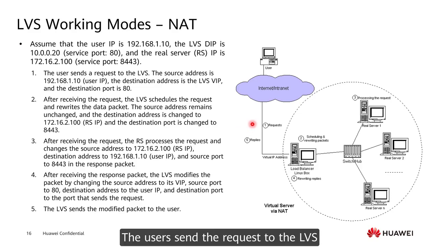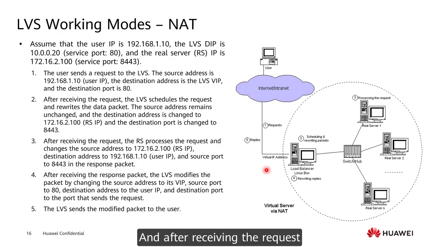Okay, let's take a look at the specific access process. First step, the users send the request to the LVS. The source address is 192.168.1.10, that is the user IP, and the destination address is the LVS VIP. The destination port is 80.